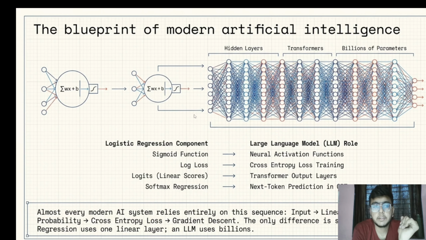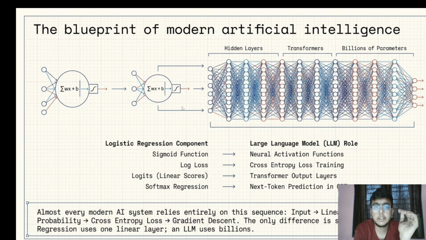In modern artificial intelligence, you can see initially there are four inputs connected with a neuron, wx plus b summation. It converts it into an S shape. Then it goes further and converts into a more tilted S shape. But it really looks like this kind of hidden layers, transformers, and billions of parameters are used to give a single output.